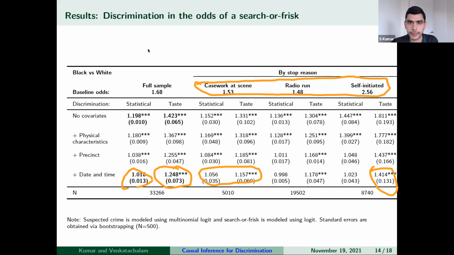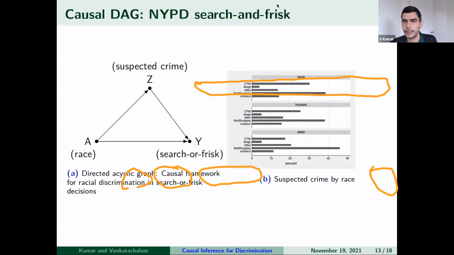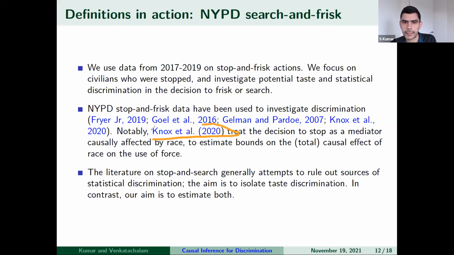In theory, it would get a lot more complex in terms of computation, but what we could do is use the method proposed by these guys, Knox et al. Sorry about the annotation. These guys provide this idea of saying, look, consider the decision to stop itself as a mediator. So then we'd have to have a two-step process. One mediator, whether you're stopped.